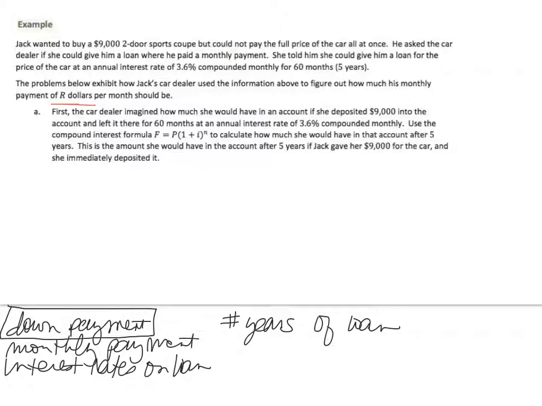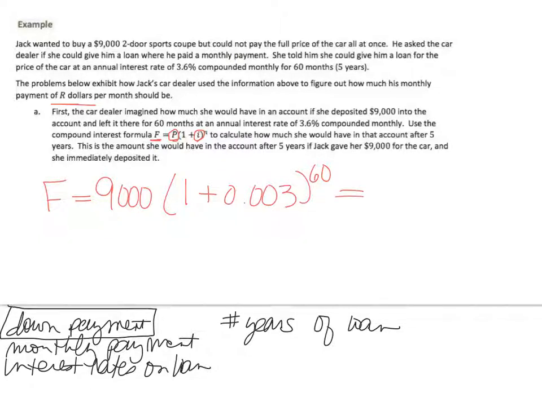So here we're using the equation. $9,000 is what the loan is for. 1 plus 0.003 to the 60. Okay, 60 months. P is the principal of the loan. I is the interest rate. It's the compound interest formula that we learned a few lessons ago.